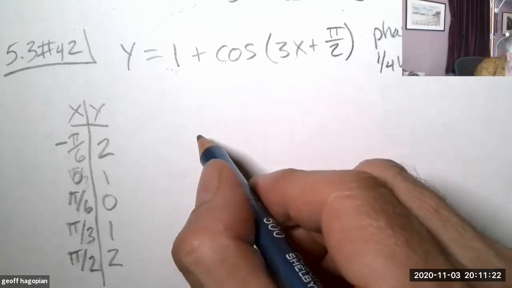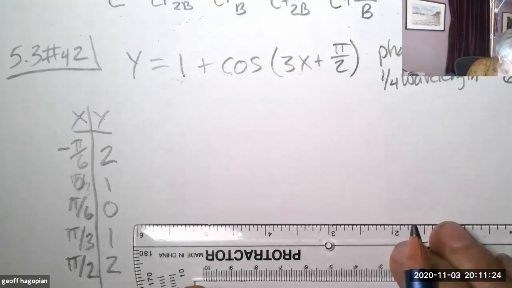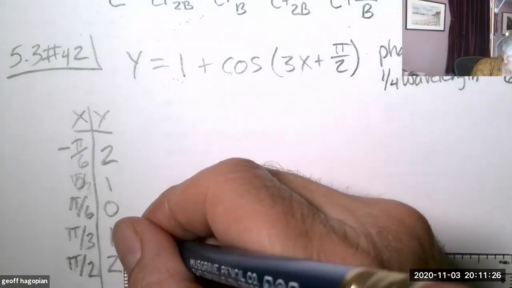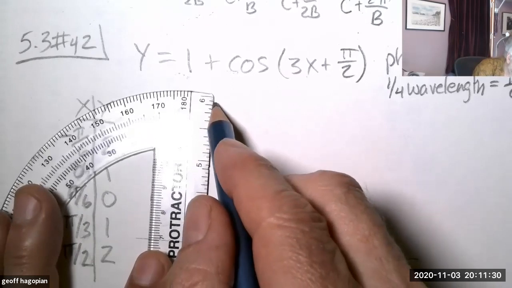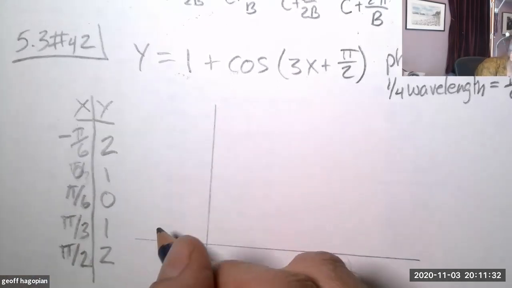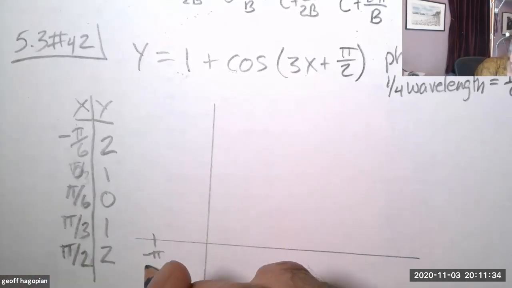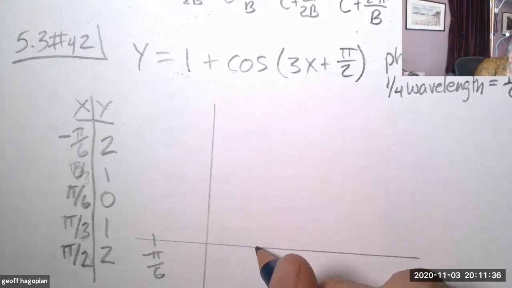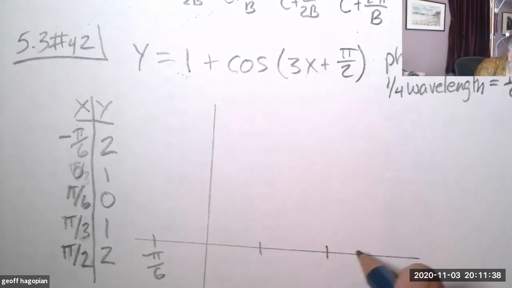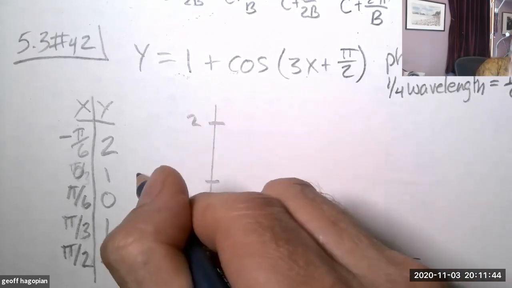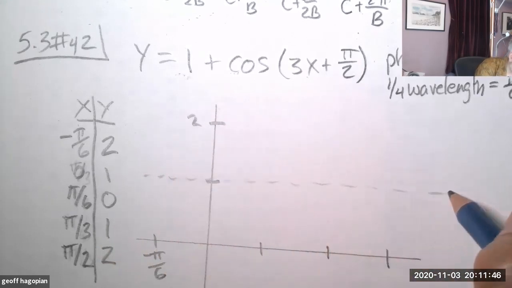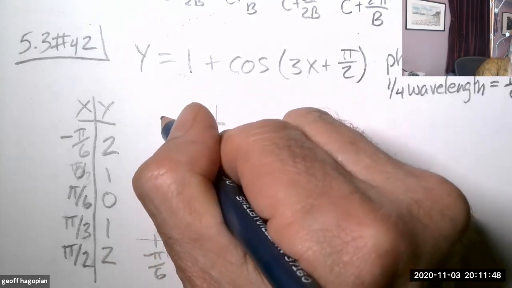Right, and then just plot those points. It's going to look something like this. Let's say that this is negative pi over 6, which is also quarter wavelength. So I can just sort of mark off quarter wavelengths like so. And the line of equilibrium is 1. Here's 2, the peak. So we're going to start at a peak because it's a cosine curve.